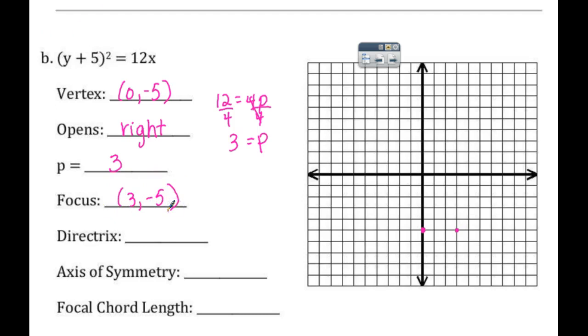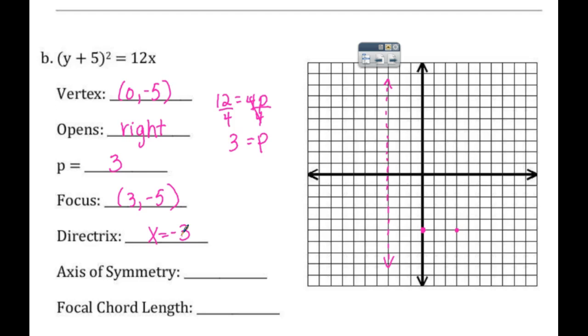Remember, the directrix is a line. So from here, I'm going to count back 3. 1, 2, 3. So that's the directrix. And which axis does it go through? X. So we get x equals negative 3.